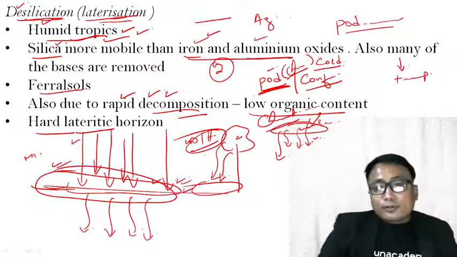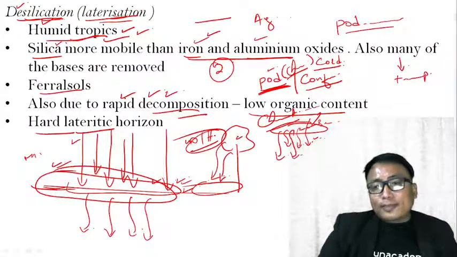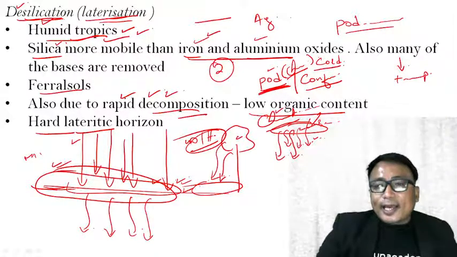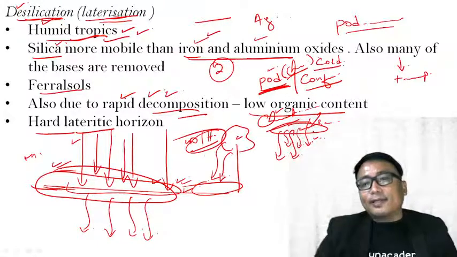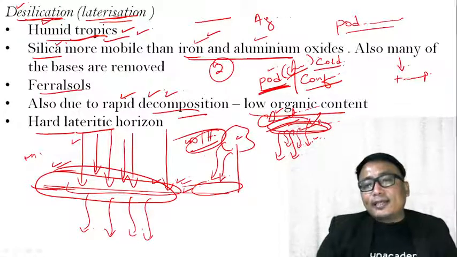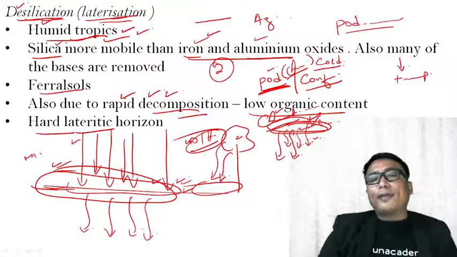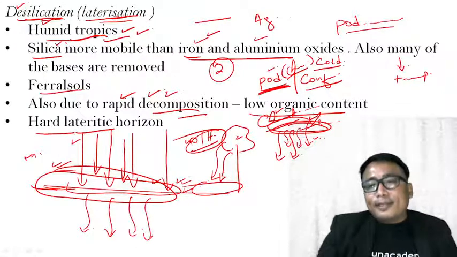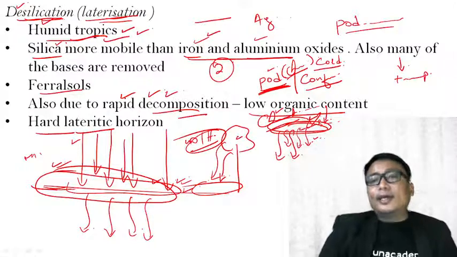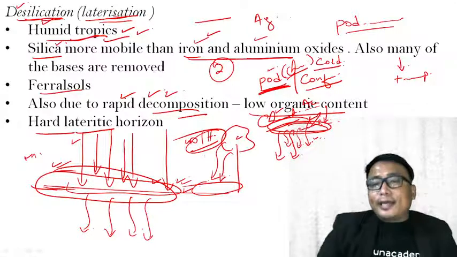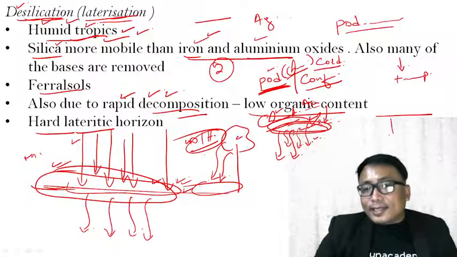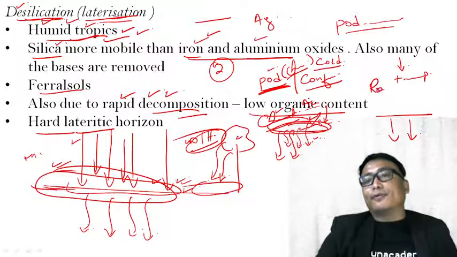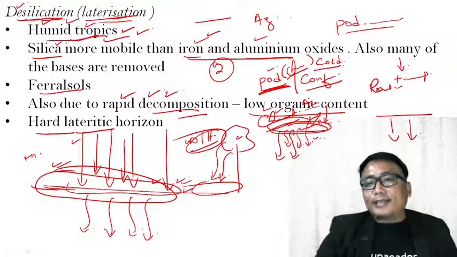But in podzolization, it is the chelating agent which is leaching down iron, aluminium and other material, leaving behind silica on the top layer of the soil, thereby turning this soil acidic in nature. In desilication and lateralization, leaching is also happening, but it is because of the rainfall, not because of a chelating agent.